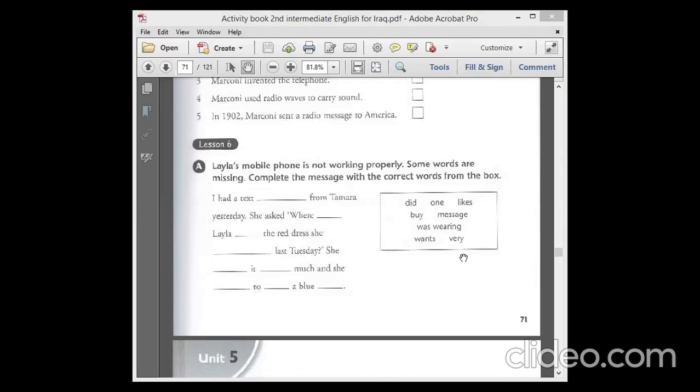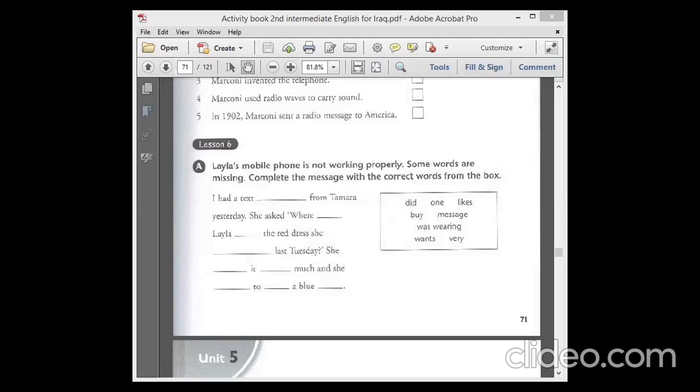Okay, so now on page 71, exercise A of lesson 6, we have this exercise.